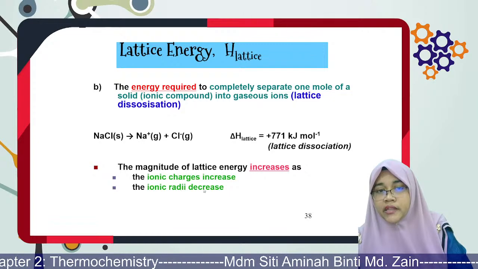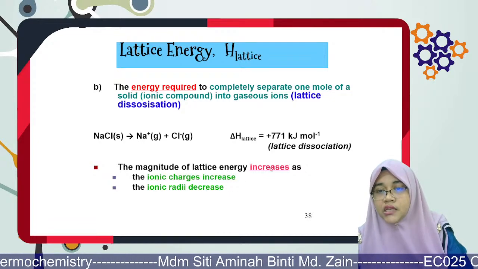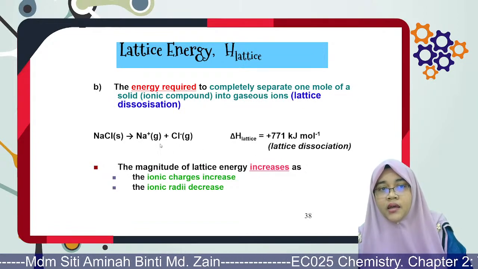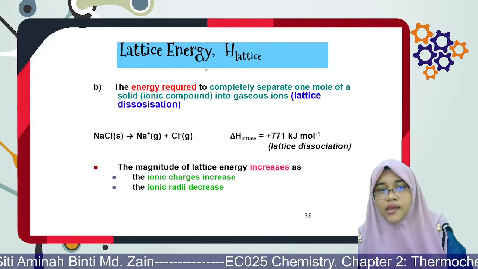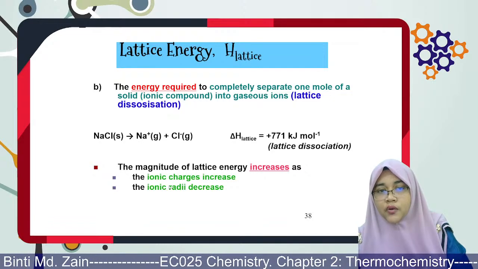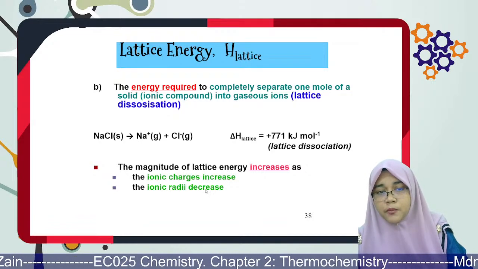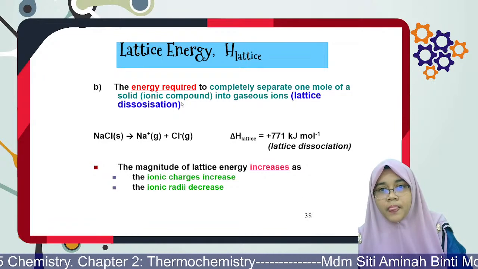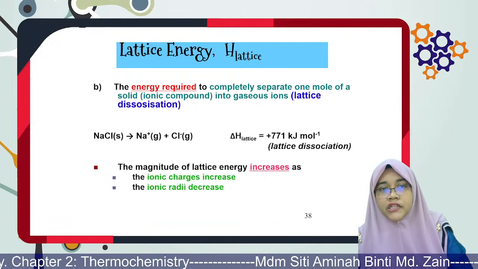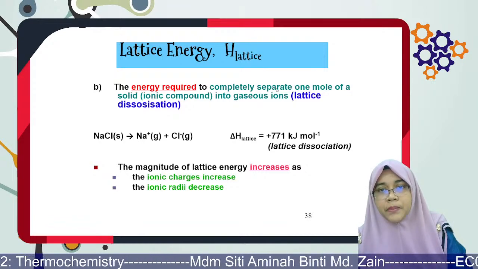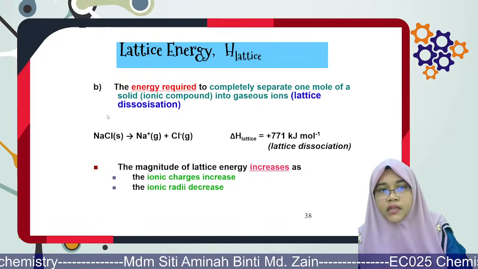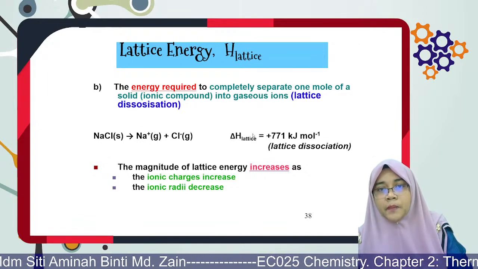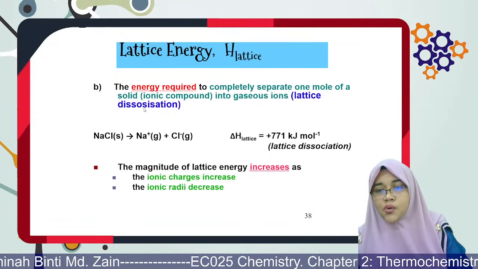If the ionic radii decrease, the lattice energy increases. So we know that the lattice energy is directly proportional to ionic charge but inversely proportional to ionic radii. Right? So the energy required to completely separate 1 mole of solid ionic compound into gaseous ions we call enthalpy of lattice dissociation.